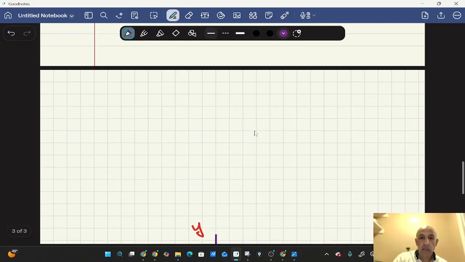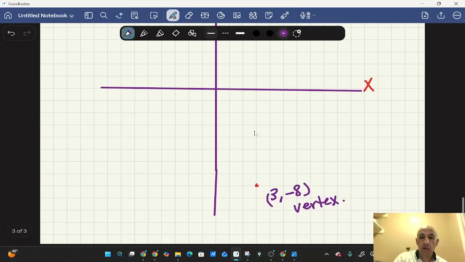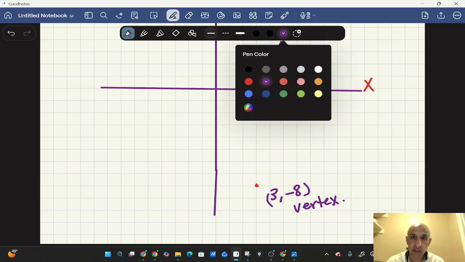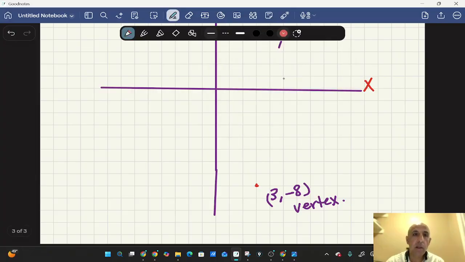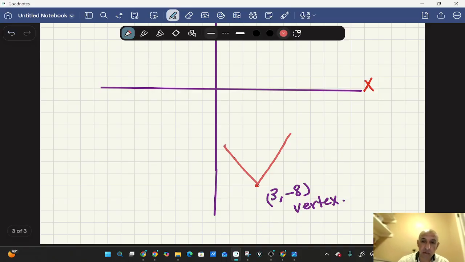Okay, so the graph will open up. So I can start roughly, as I said, roughly like this, and roughly like this.